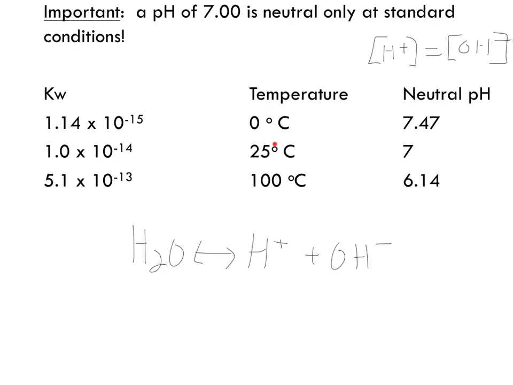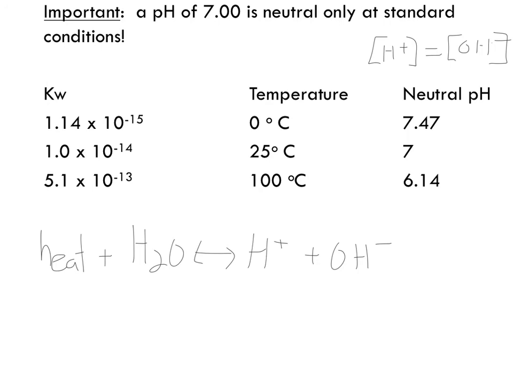As heat increases, K gets bigger. K getting bigger means I have more products, more hydrogen and more hydroxide. So that means that in order for an increase in temperature to drive the reaction right, this is an endothermic reaction. Heat going in makes this dissociate more.